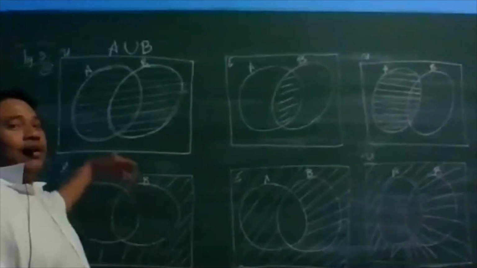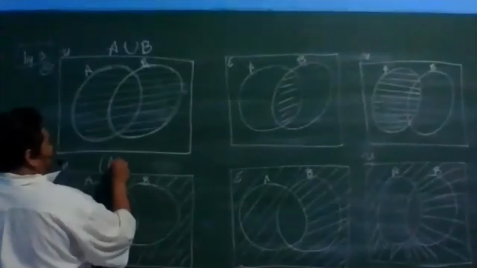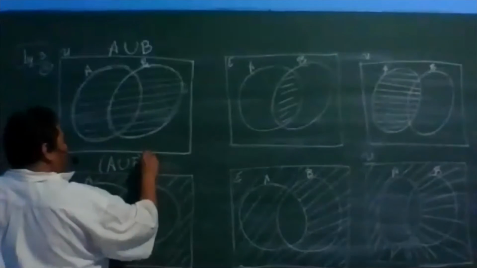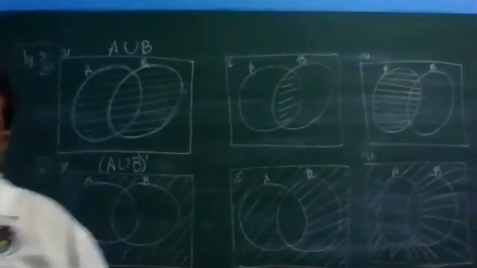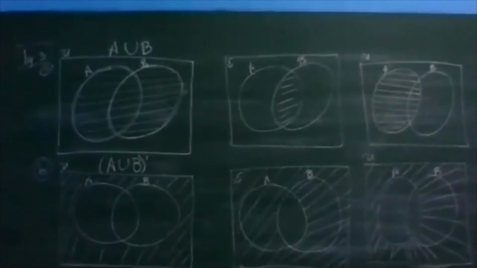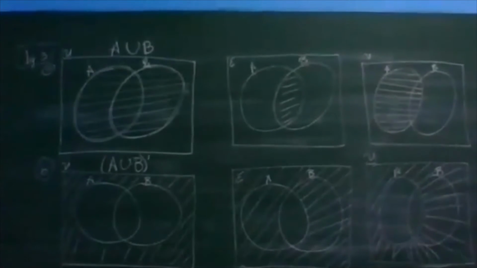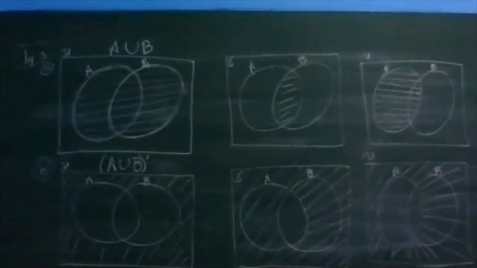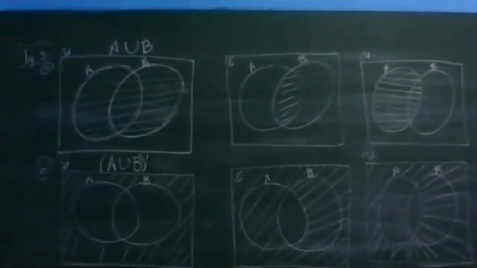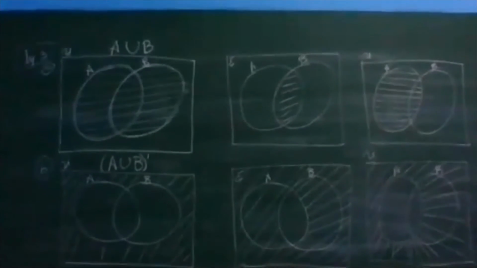So if B is the opposite of the first one, then we're going to call it A union B complement. In other words, everything that is outside of A union B. So outside of it means complement, what is not within. Okay?